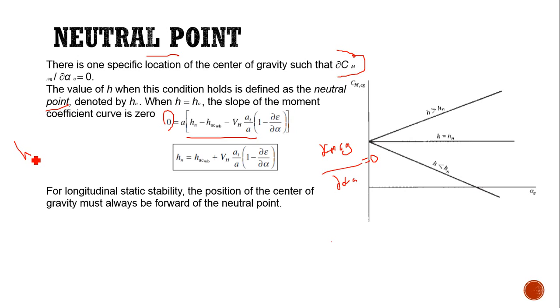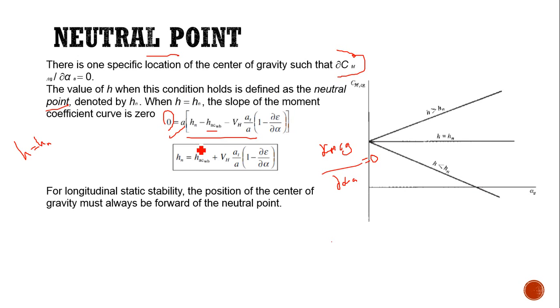So we can denote h as hn. So hn equal to, by cross multiplication, a will become 0. Therefore the equation becomes hn minus h_ACWB minus VH into aT divided by a times (1 minus ∂ε by ∂α) is equal to 0.